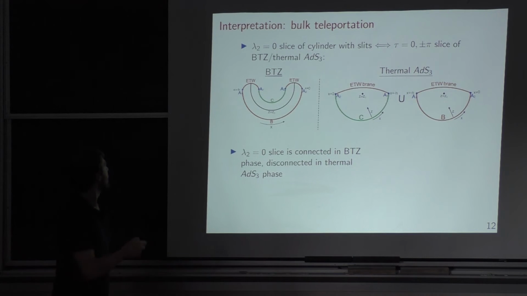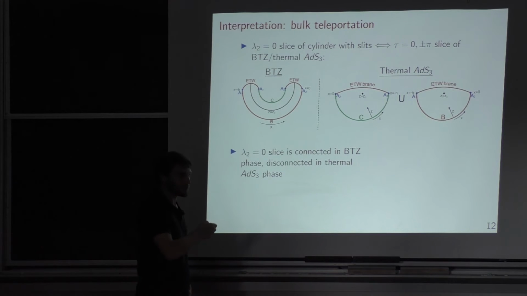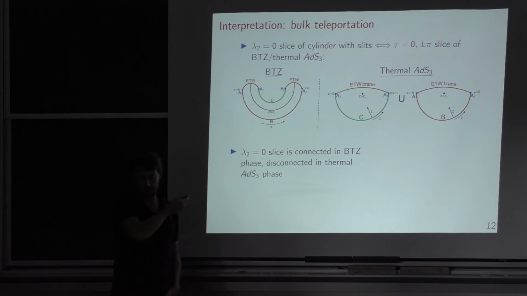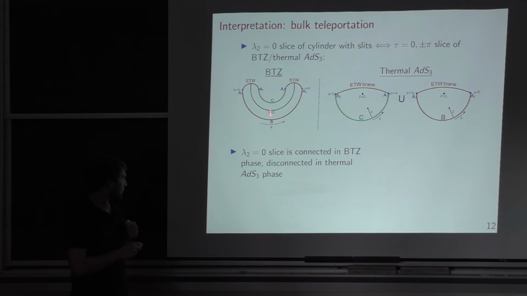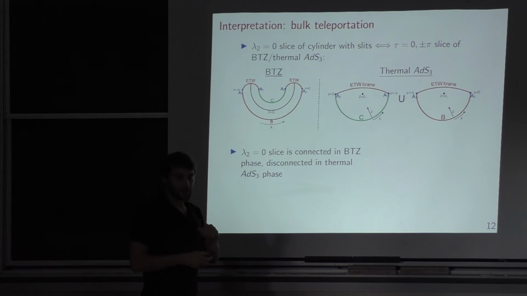In the BTZ phase, these regions B and C are the ones left after measurement, and they're connected by a connected spacetime. While in the thermal AdS3 phase, this slice is clearly disconnected, and in one case you have region B bounded by an end-of-the-world brane, and region C bounded by an end-of-the-world brane.